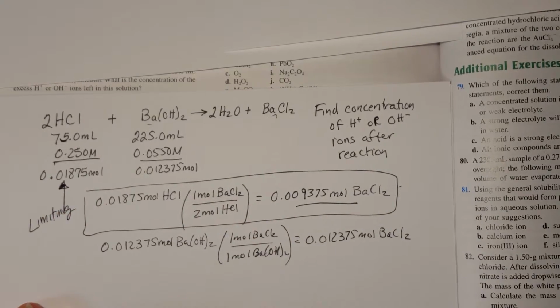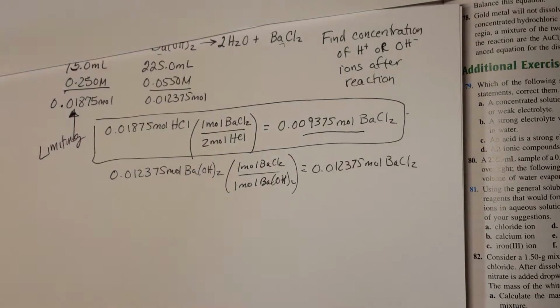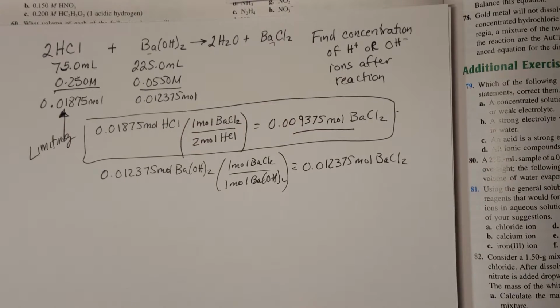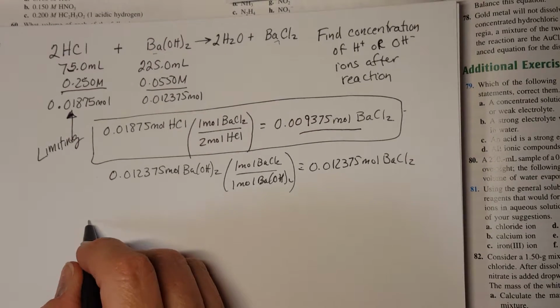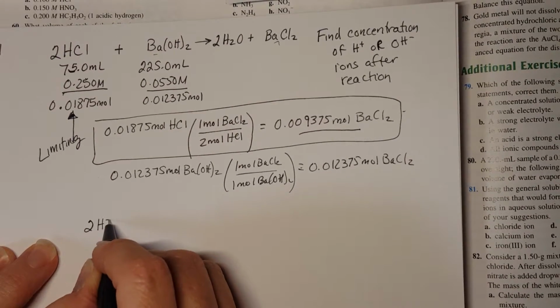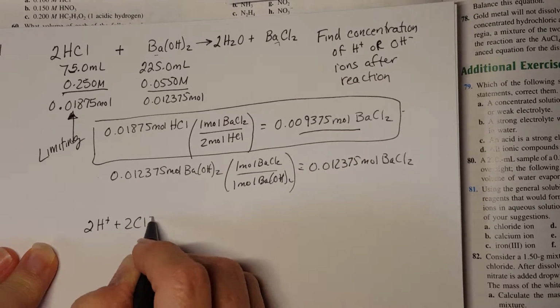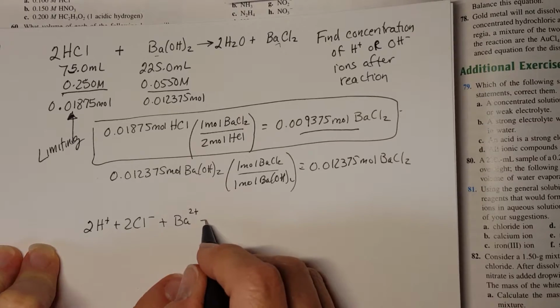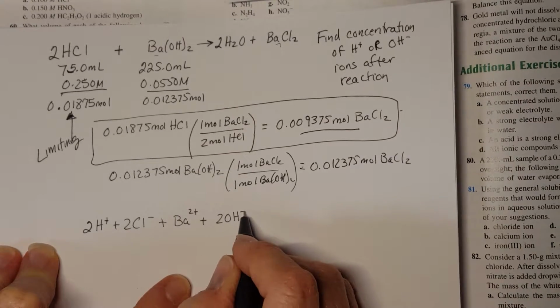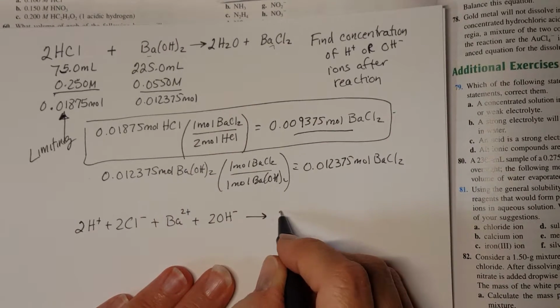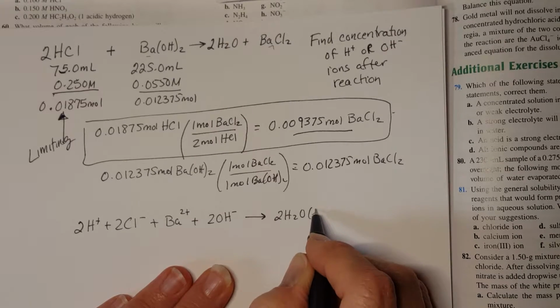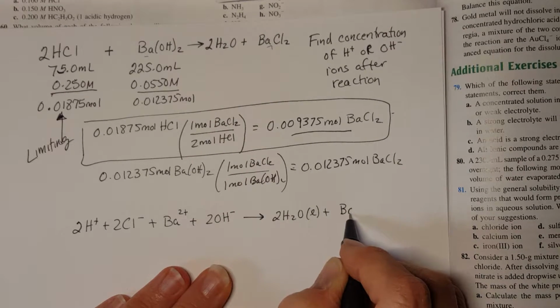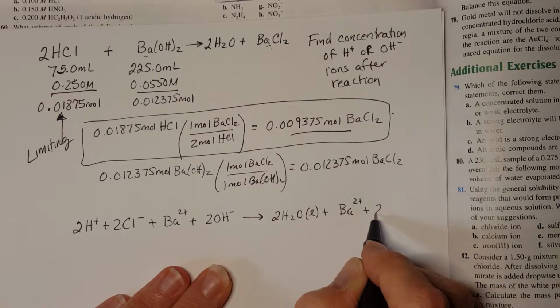Now, let me write the complete ionic reaction. We have 2 H+ plus 2 Cl- plus Ba2+ and 2 OH-, though I'm not putting the states next to them, but we should be putting aqueous next to these, yields 2 H2O liquid plus Ba2+ and 2 Cl-.